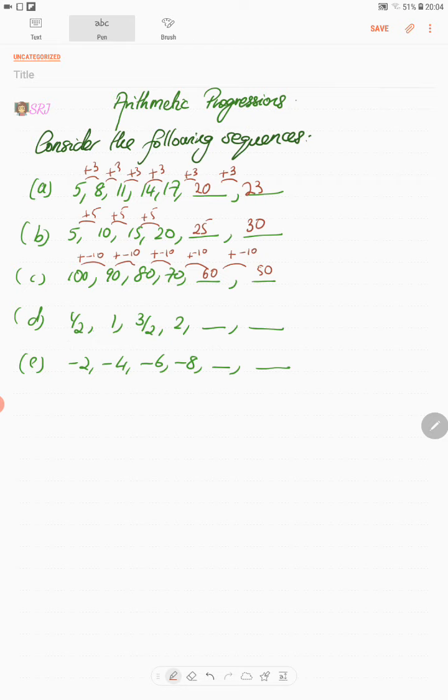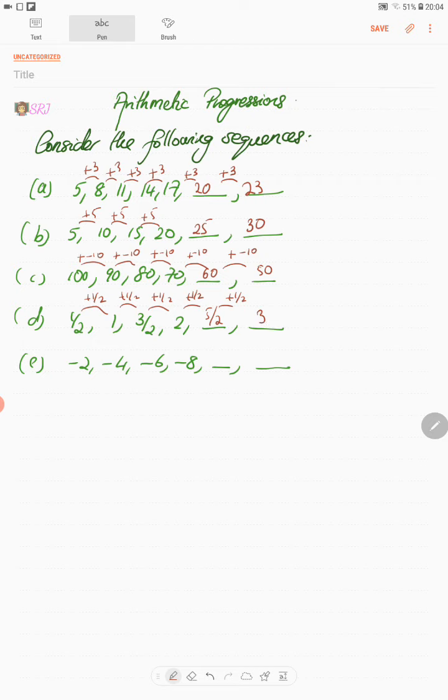For part D, we have half, 1, 3 over 2, and 2. So here we are adding half each time. So 2 plus half becomes 5 over 2. We add half again, we obtain 3.